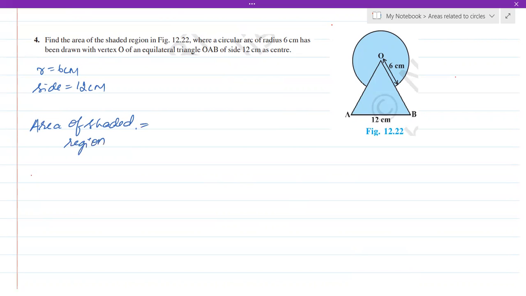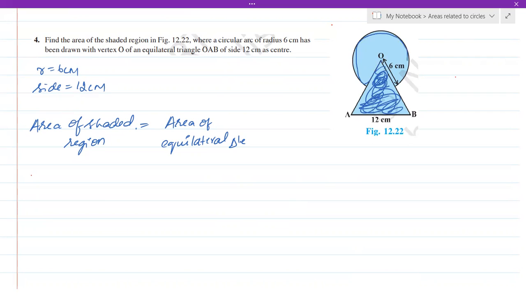Now, if you observe carefully, the entire equilateral triangle is shaded, right? So we have to find the area of the equilateral triangle. Along with that, what else is shaded?